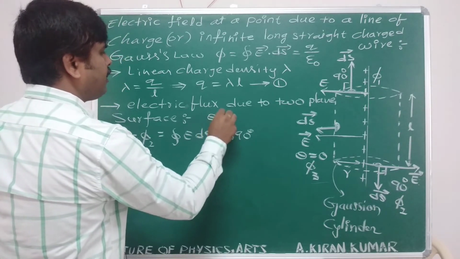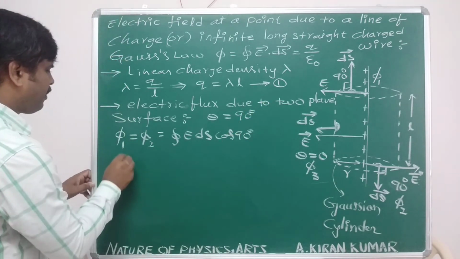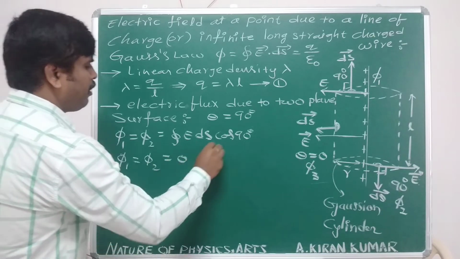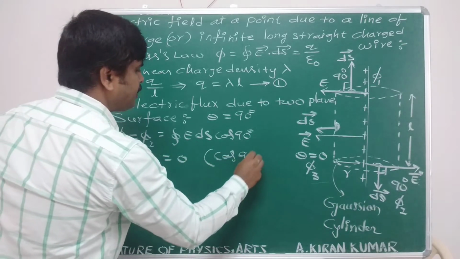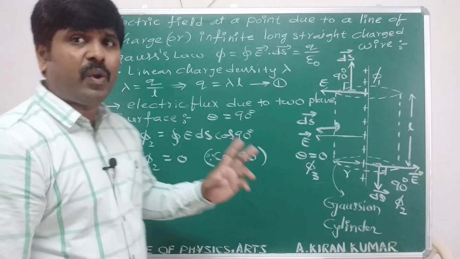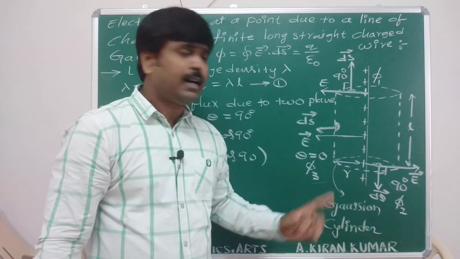Here theta is equal to 90 degrees, so phi 1 which is equal to phi 2 is equal to 0, because cos 90 is equal to 0, and 0 into anything is 0. We got the flux due to the plane surfaces as 0 with the help of the Gaussian cylinder.